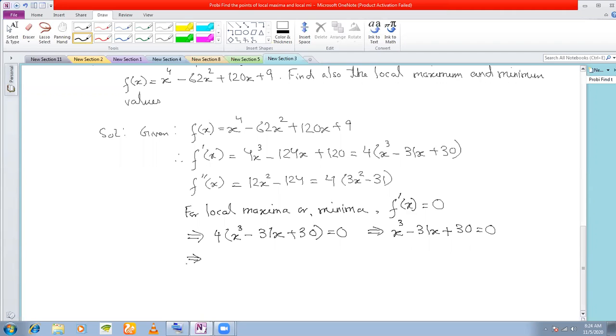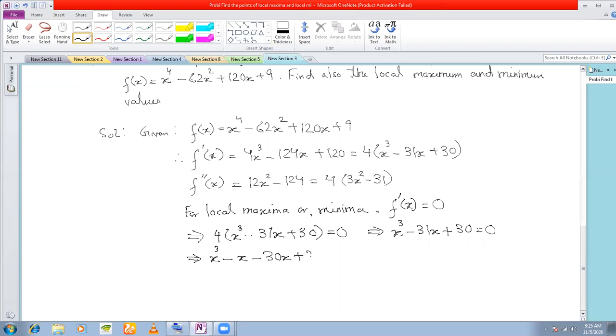You can use the factor theorem to solve this equation, the trial and error method. Remember class 10 trial and error method: you put x is equal to 1, x is equal to minus 1, and all that. Otherwise you can also solve this very easily if you break 31x as minus x and minus 30x.